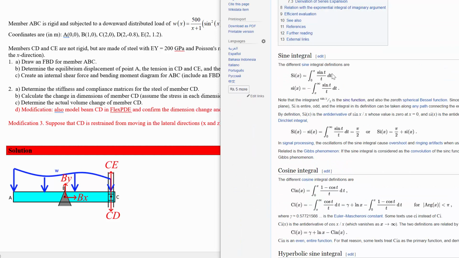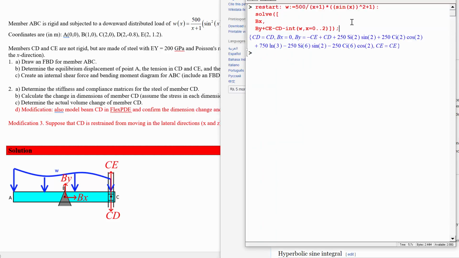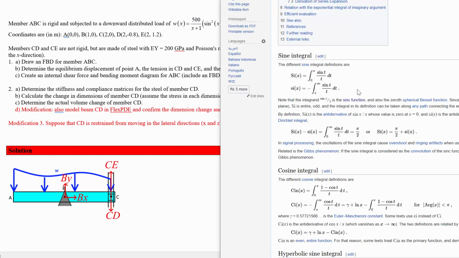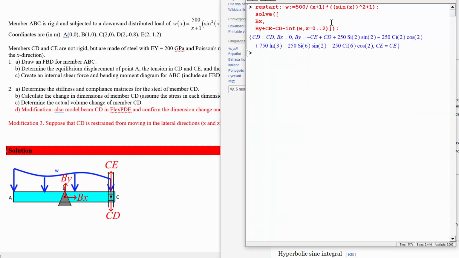So if you take the integral of that, that's the special name we're talking about with these functions. Basically what Maple is doing here is saying, I don't need to introduce numeric error by evaluating exactly what this function is, even though it's a perfectly well-behaved function. It has a strange name that you may not be familiar with, but it's just a name for the integral of sine of x over x, and that showed up because of the form of the W that we had there.